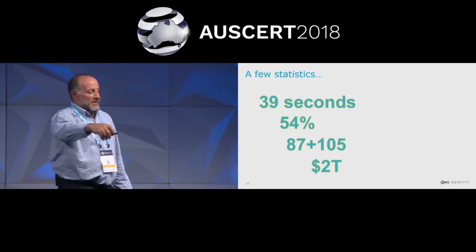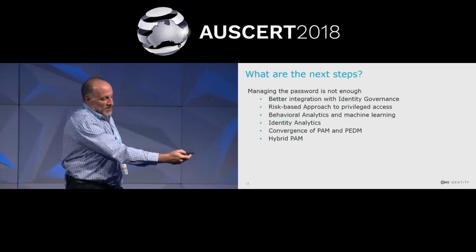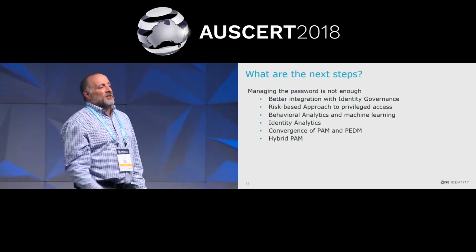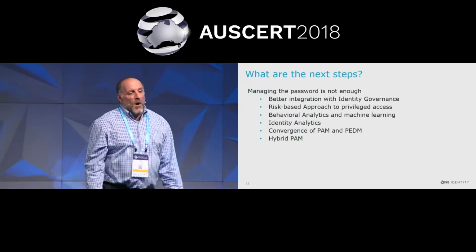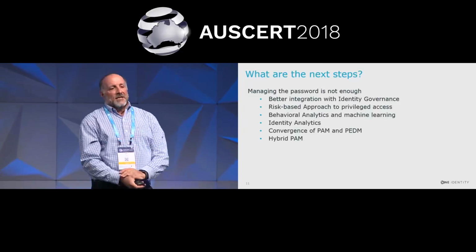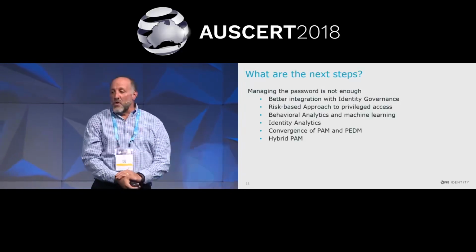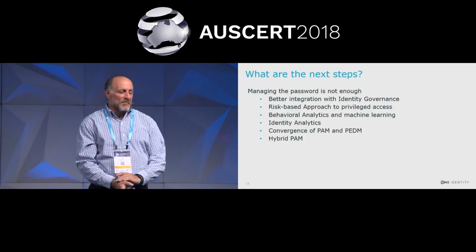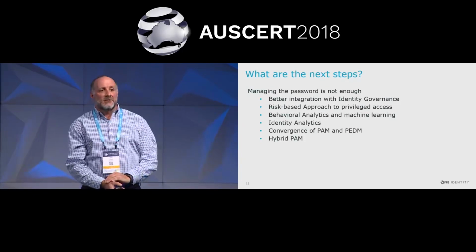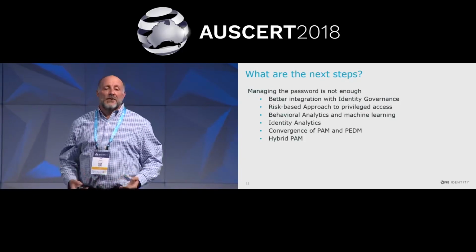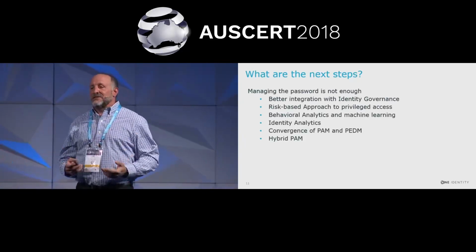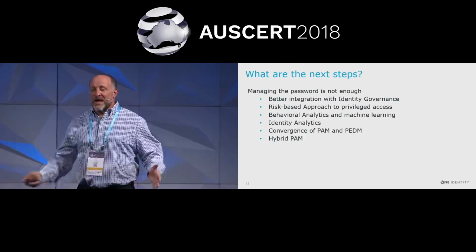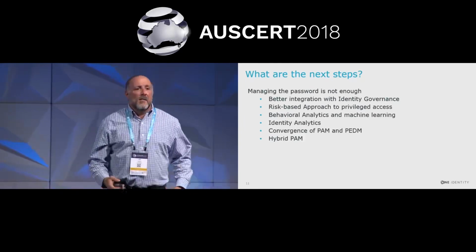So what's next? What are the next things that we have to do to solve this? Just managing the password is not enough. You all know that. What our customers are asking us for, the first thing we're talking about quite a bit, is better integration with identity governance. Identity governance is really good at managing those accounts that have a face, the individuals that could have more privileges than they need.